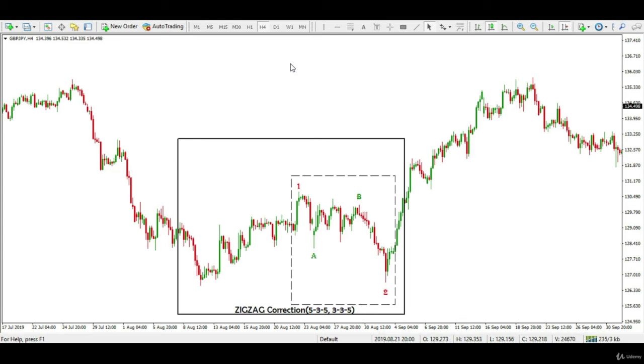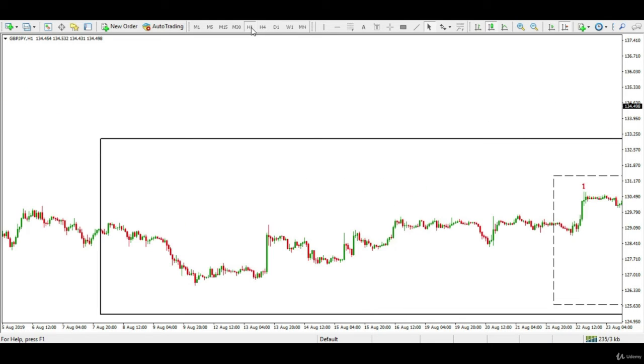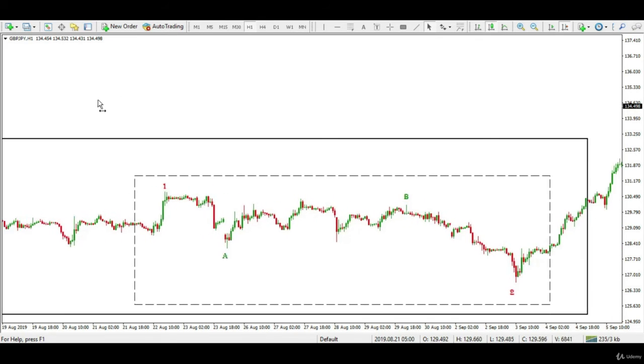Next step is to study the subwaves of wave A, B and C, and for that I will switch to 1 hour charts to get a clearer picture.